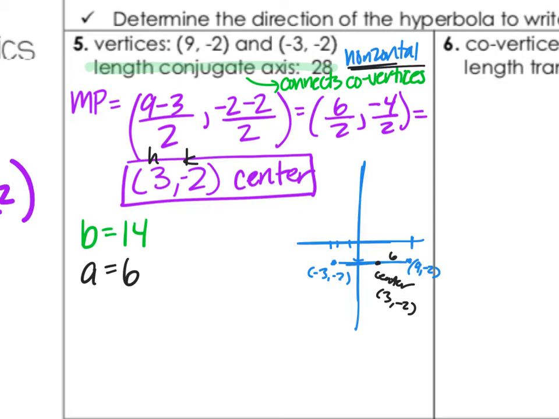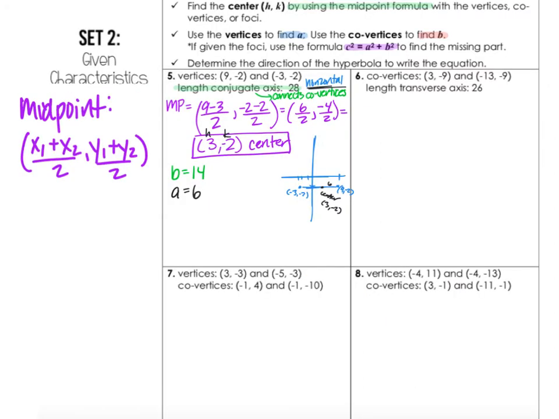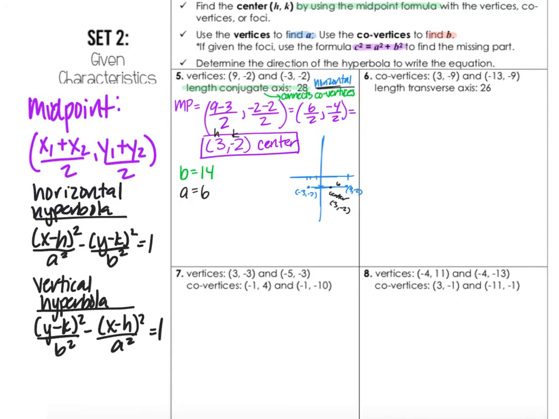So that equation comes from our equation of the hyperbola. If you recall, we've got these two different equations for horizontal and vertical, and this is going to be horizontal, so all we have to do is substitute in what we know.